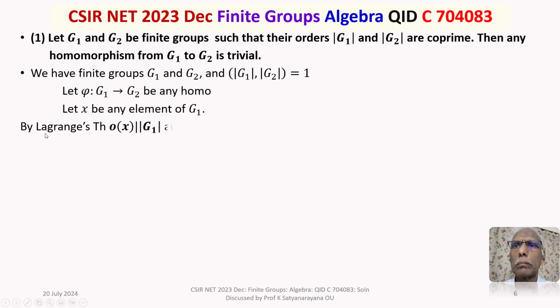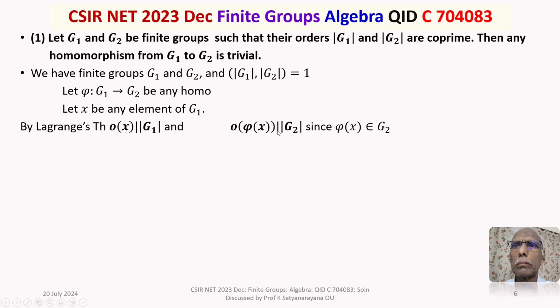Now, x belongs to G1, therefore order of x divides order of G1, by Lagrange's theorem, since G1 is a finite group. And the image of x under phi, phi of x, belongs to G2, and G2 is a finite group. Again apply Lagrange's theorem.